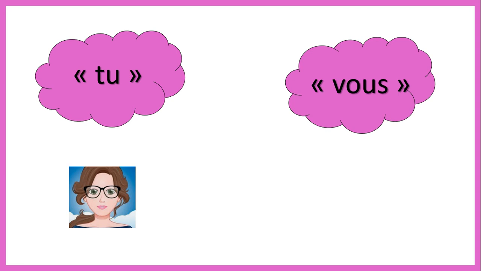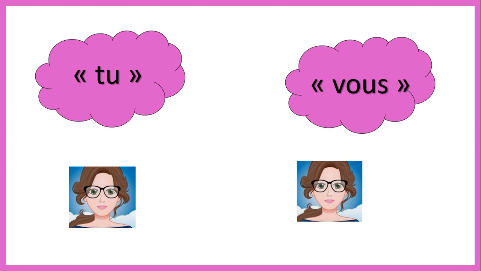If I want to be a bit, let's say, polite or in a formal conversation, that single woman or man, that single person could be a vous as well. So if it's by respect, if it's by, I don't know, being formal, not knowing the person, a single person could also be vous. But also, when we say vous, we could mean plural. So more than one person. It doesn't matter if they're women or men.